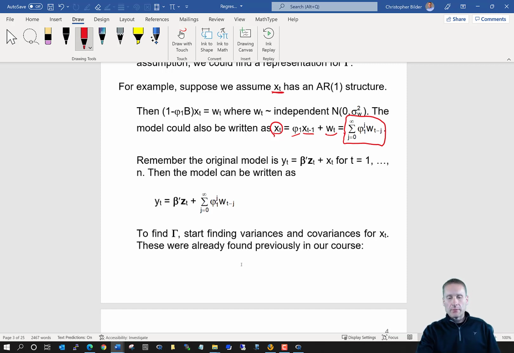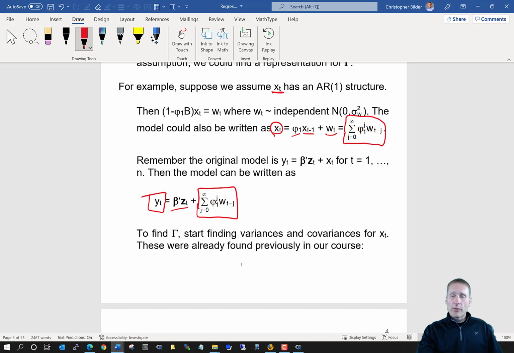So then what our model becomes in this kind of a setting is that we have y sub t here. We have beta prime times z sub t to account for our explanatory variables, independent variables that are observed at time t, plus now this extra component here.